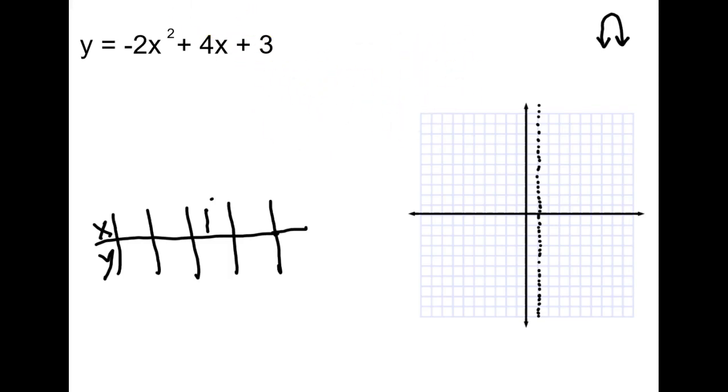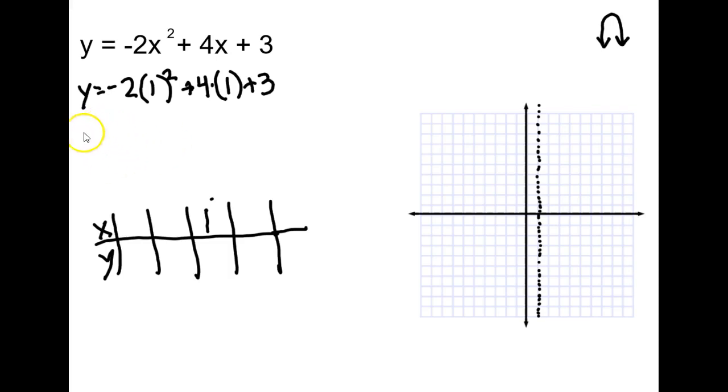I'm going to write this out kind of long the first time we do it. Y equals negative 2 times, we're saying x is 1, 1 squared plus 4 times 1 plus 3. Eventually you won't need to write this all out, but we'll just do this for now.